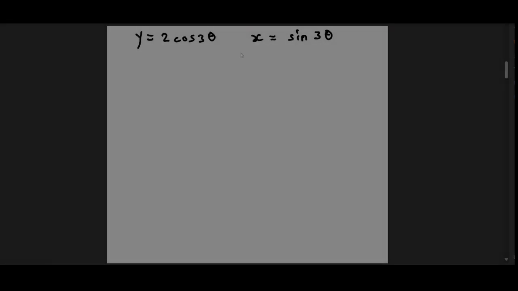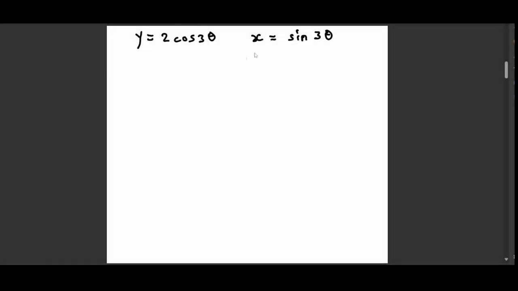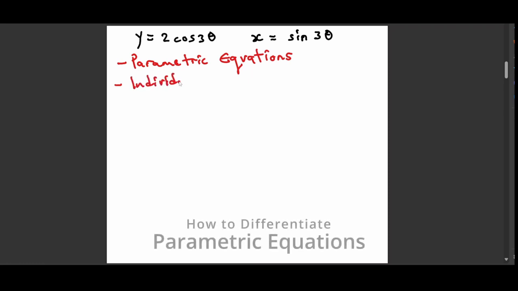Our task today is to find the derivative of these two parametric equations. In order for us to find the derivative of parametric equations, firstly, we individually differentiate the two equations.